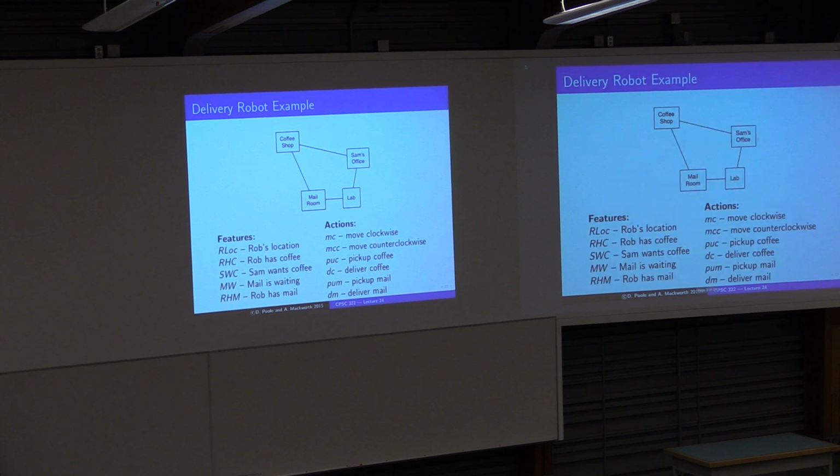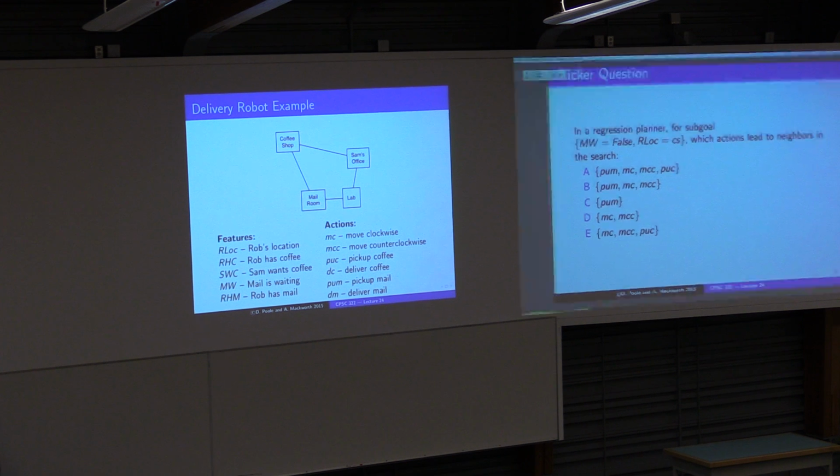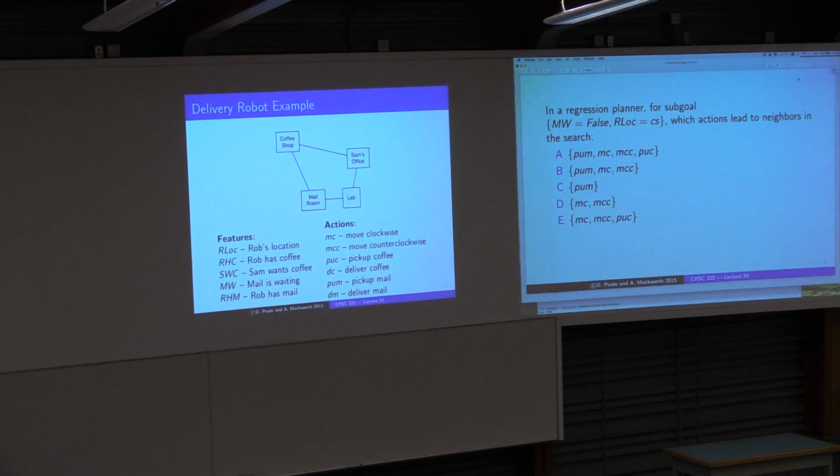Okay, so here's our example again. Let's go through some clicker questions. In a regression planner, we have the sub-goal that there's no mail waiting, and the location is the coffee shop.